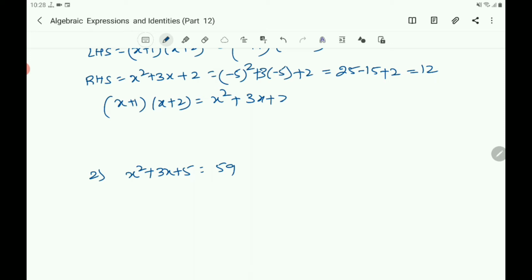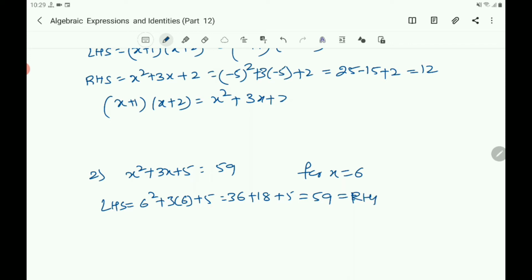Take x equals 6. Then the LHS for x equals 6 is 6 square plus 3 into 6 plus 5, that equals 36 plus 18 plus 5, then you will get 59, that is equal to the RHS.